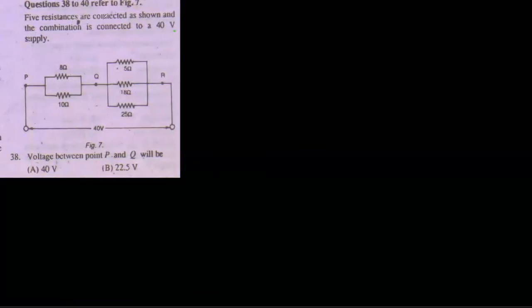Okay, next MCQ: 5 resistances are connected as shown, and the combination is connected to a 40 volt supply. The voltage between points P and Q will be equal to? We need to find this voltage. For this we need to find the equivalent resistance. That will be equal to 80 divided by 18, which is equal to 40 divided by 9.